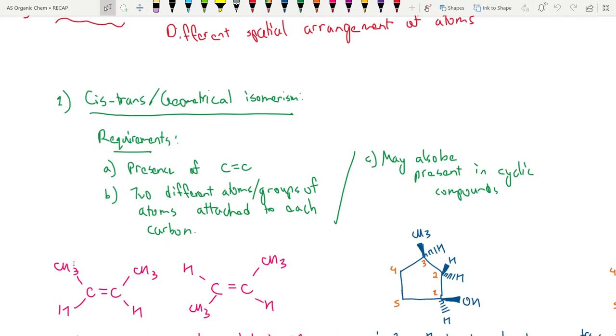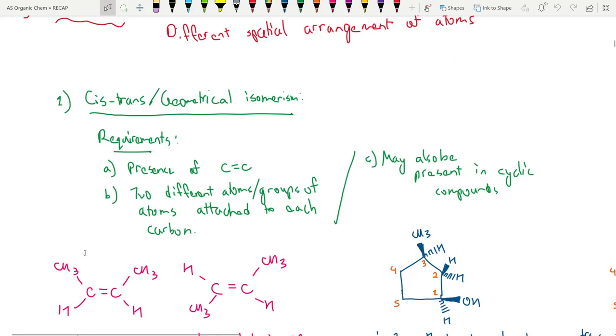For example, if two hydrogens are attached to the same carbon atom, we won't have cis-trans isomerism. Why do we get two different isomers? Because free rotation is not allowed about the carbon-carbon double bond.